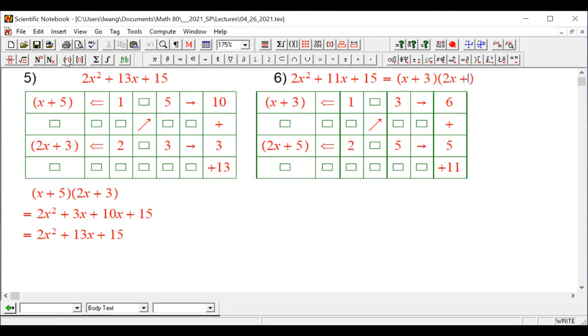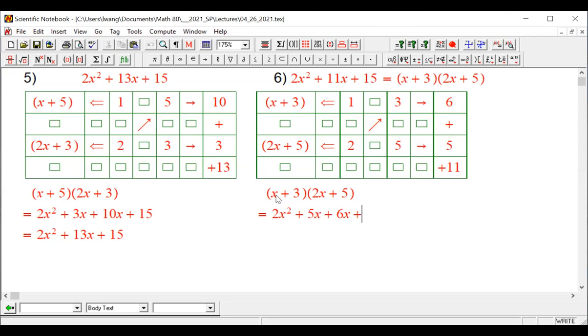Well, whether you agree or not, we all have to have that final step to check. Okay, and the next one. So we have x times 2x, that's 2x squared. x times 5, that's a 5x. 3 times 2x, that's a 6x.